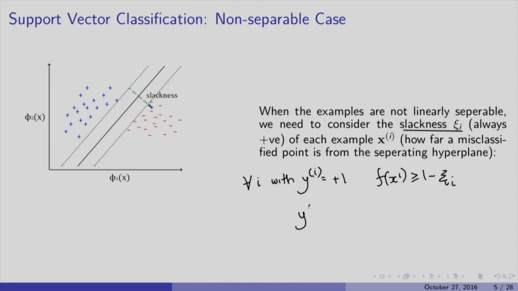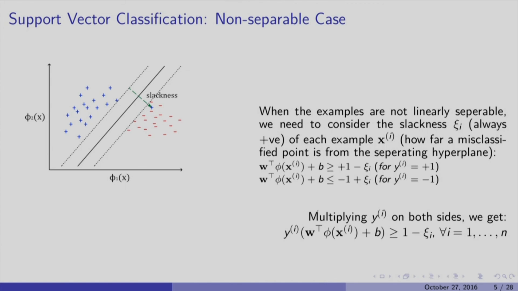Likewise, if yi were -1, you would like f(xi) to be less than or equal to -1, but again the point could spill over to the other side or even lie within the margin, so -1 plus xi. Now we could actually bring these two inequalities into one form by just multiplying them by yi.